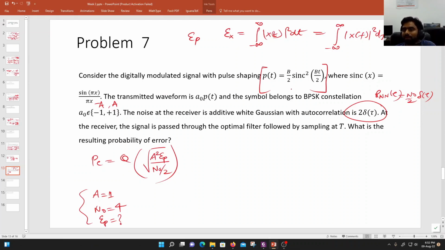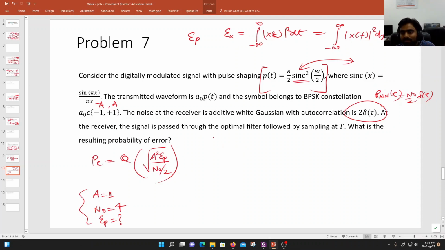Because the function is sinc square (b t by tau), directly you cannot integrate over t, so you need to convert to the frequency domain, because in the frequency domain the function will be simple. Anyone remember the relation of the sinc? The rectangular pulse is not.